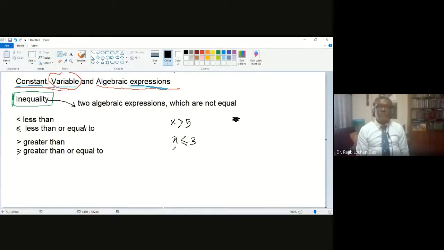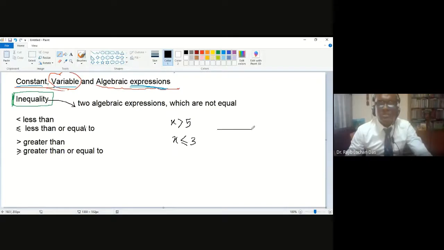So there may be many examples. So most of the times, we try to understand the situation with a line, because there are many possibilities.